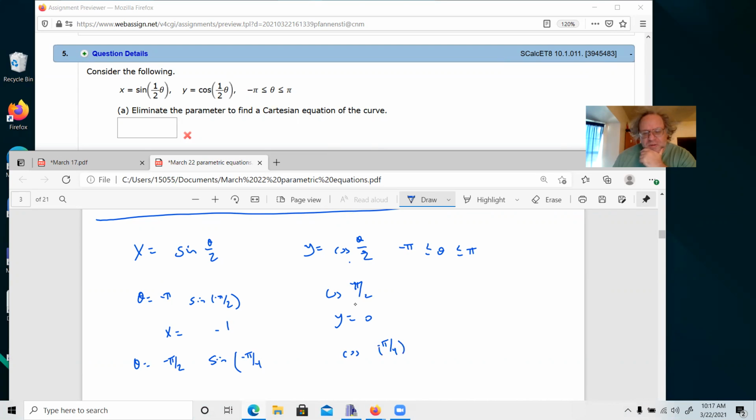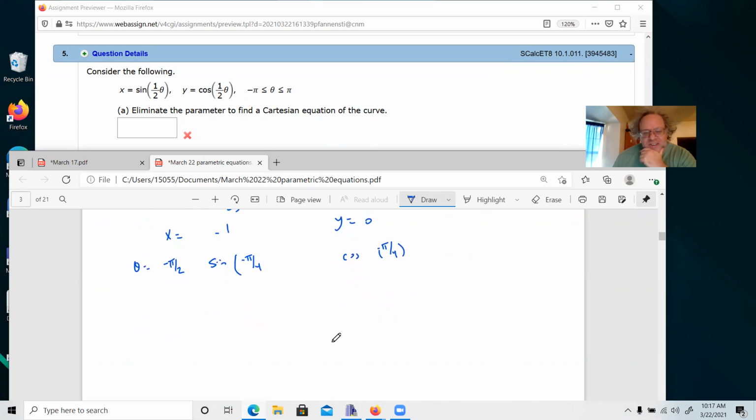Actually, they're not going to quite be in the third quadrant, but we're going to have x is negative root 2 over 2, y is root 2 over 2, because cosine is an even function, so it eats the negative. And you don't have to worry about that.